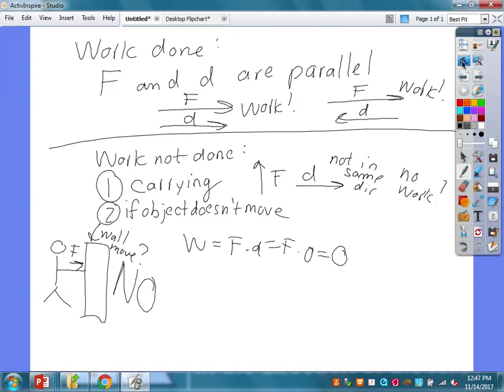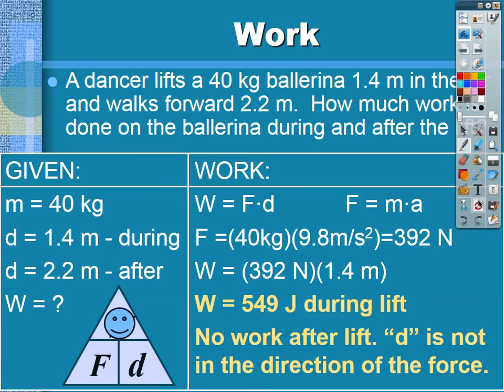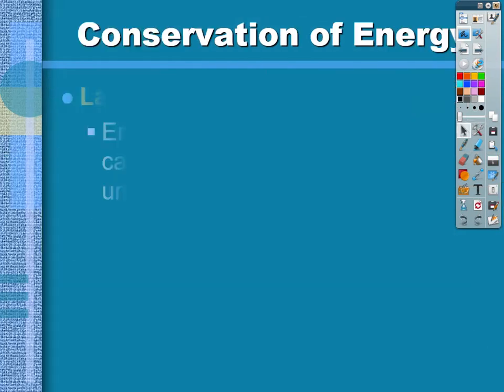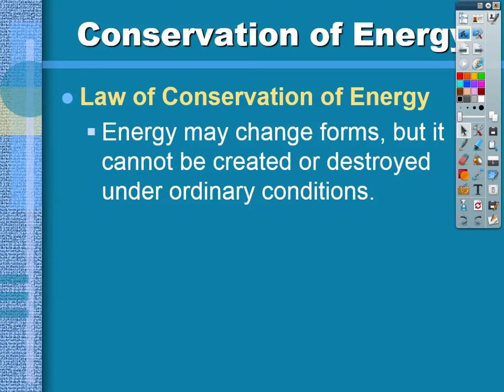Okay, so let's finish up here. We only have like 2 more slides, and I'm going to skip some. Just to briefly introduce the law of conservation of energy, energy cannot be created or destroyed. It can only be changed to another form. We're going to be doing a lot more problems with this, but the idea is if I hold an object up in the air, it has gravitational potential energy.